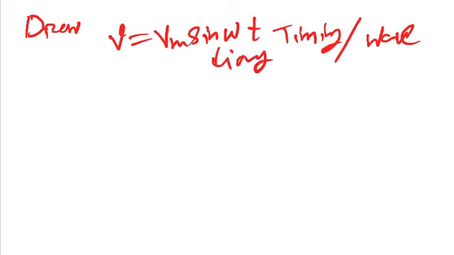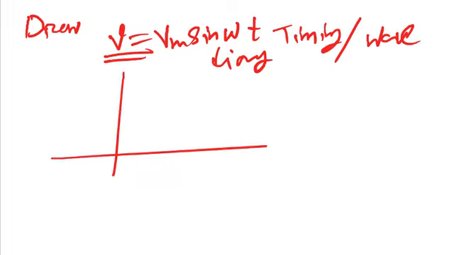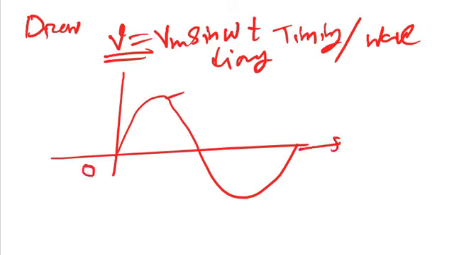Okay, this is only for voltage. Just put this line and it will start at 0, because it is 0 and 360, and this line is timing 360, and this is small v equal to v max sine omega t.